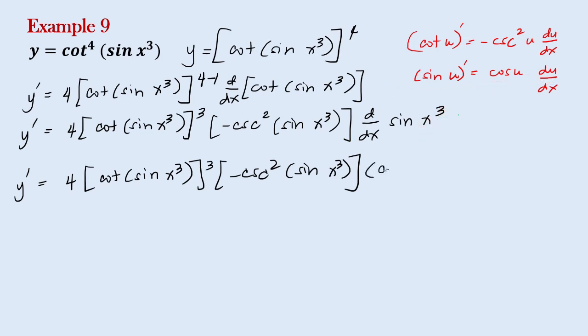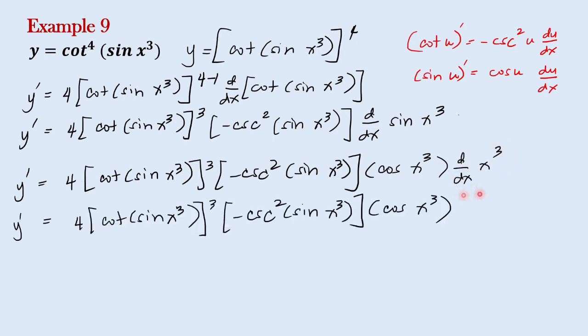We have cosine of x cubed and then multiply to the derivative of x cubed. And the derivative of x cubed is 3x squared. So to simplify, we have 4 times negative 1 times 3x squared. So this would be negative 12x squared.